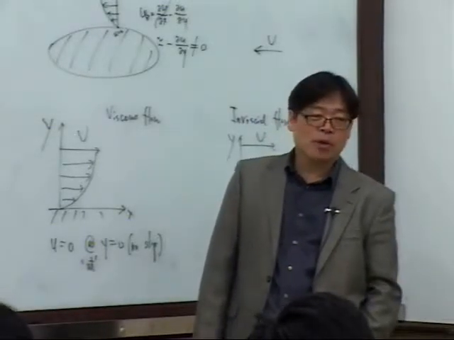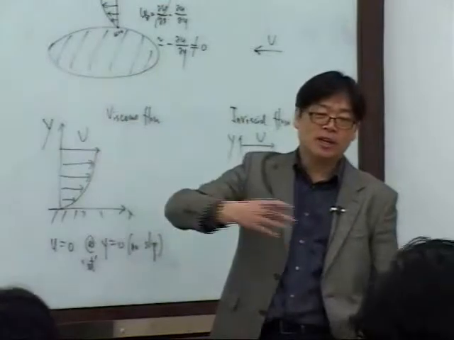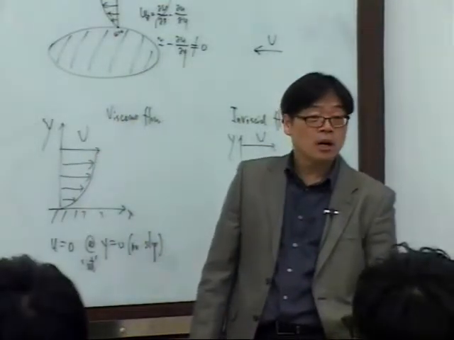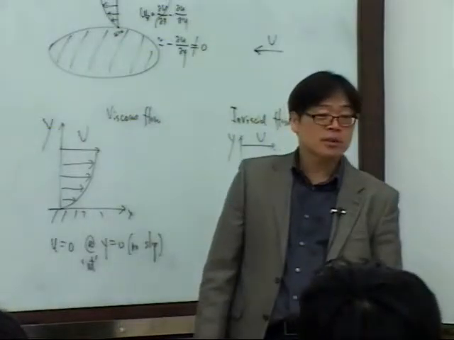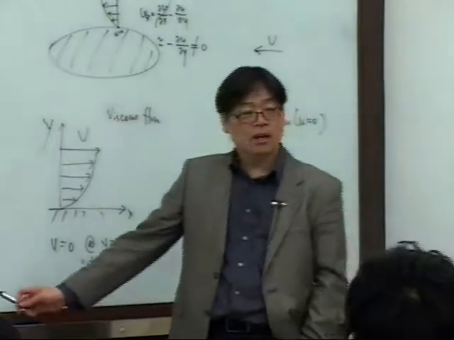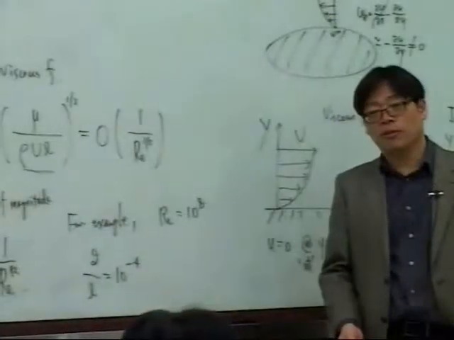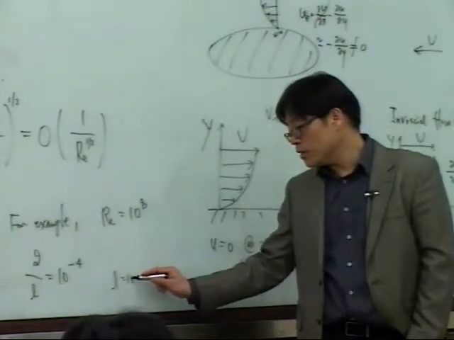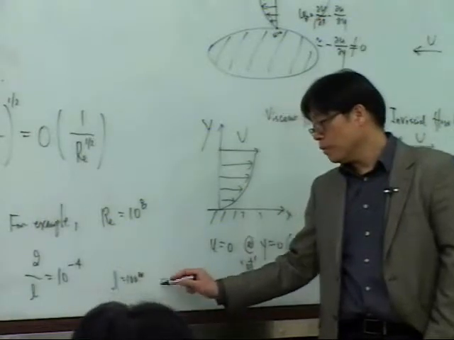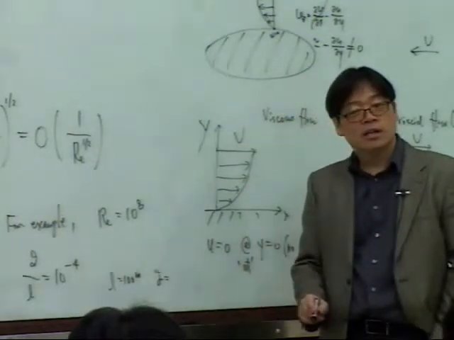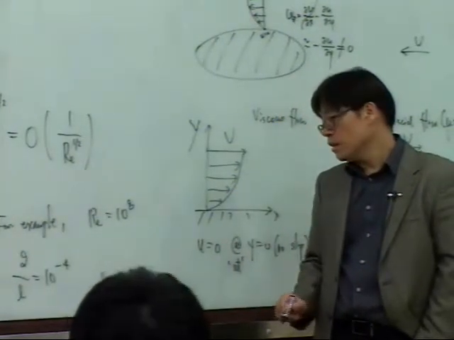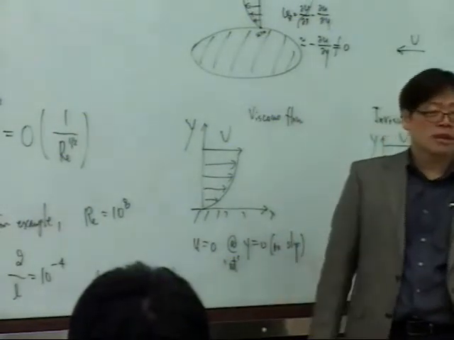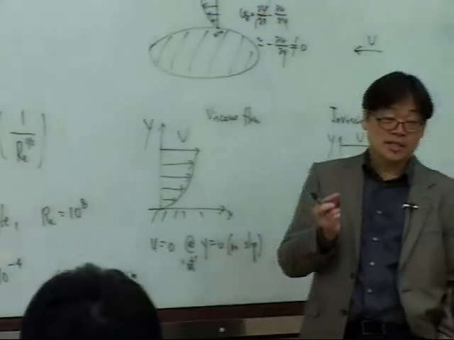So suppose you have a 100 meter ship, then what is the thickness of the boundary layer? Delta over L is 10 to the 4th. So if my L is 100 meters, then my delta would be, which is centimeter.